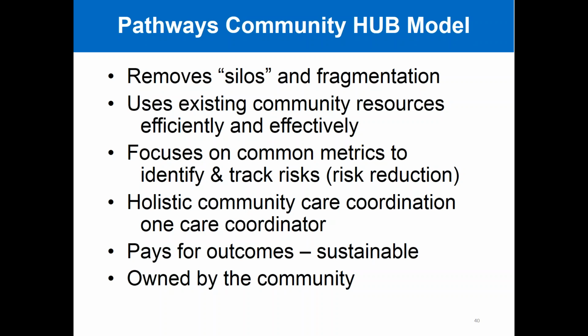So again, we don't need to build a lot of new stuff. We've got some great things already out in the community. How can we use those agencies and that workforce better? It gives us, through the pathways, common metrics to identify and track risks, and more importantly, to track risk reduction. It gets us to a holistic or whole person community care coordination approach.